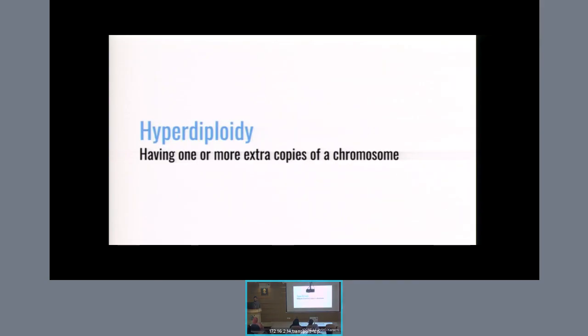In multiple myeloma, the most common ones, I would say, are deletions and translocations. We also see an excess amount of chromosomes, hyperdiploid, as we say in medical terms, or a loss of the complete chromosome, which we also call hypodiploid, or a lower amount of chromosomes than the normal 46 chromosomes that we have.